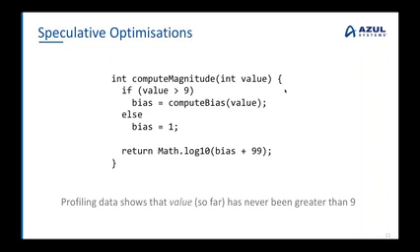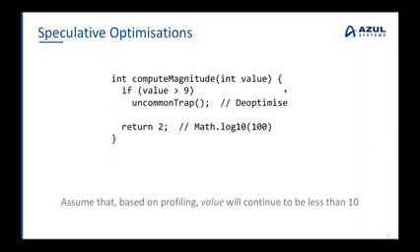What the compiler can then do is use that information to create a speculative optimization. Speculative optimization says the code has behaved in this way up until now. Let's assume that it will continue to behave in the same way for the rest of the time. In this case, if the value exceeds 9, that's a very unlikely situation. It's like an error situation or an abnormal situation.